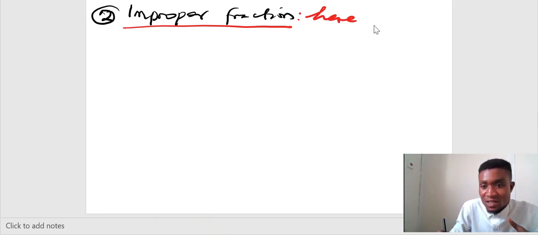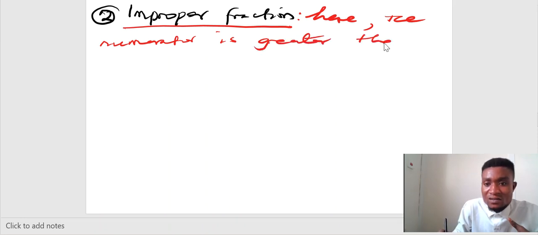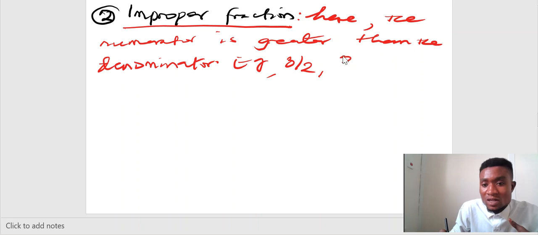So here, the numerator is greater than the denominator, e.g. we have 3 over 2, we have 5 over 3, we have 11 over 8, as the case may be.